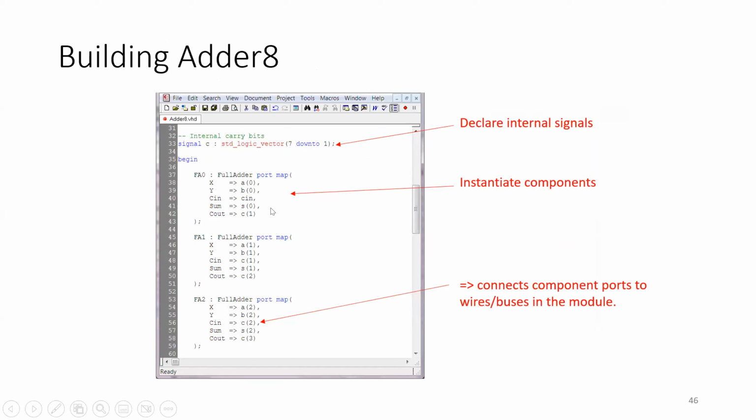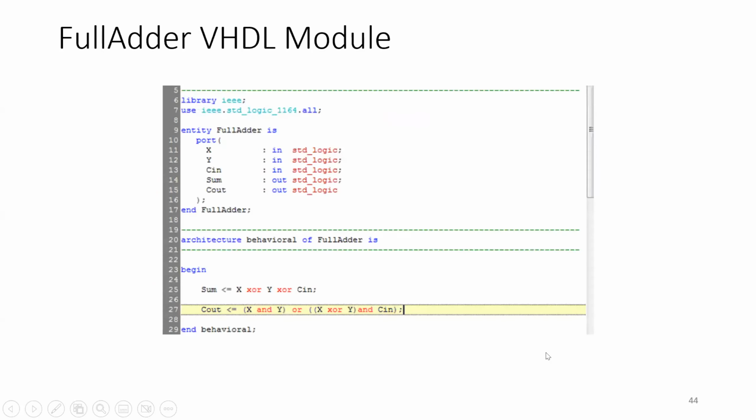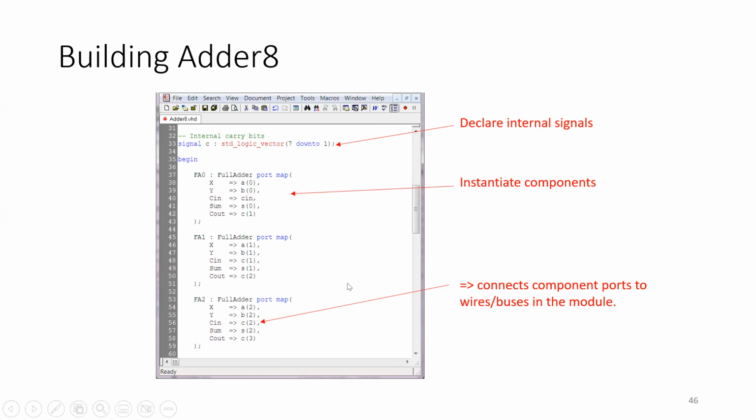Then I go to what is called instantiating, calling the component. I am calling the component for the first time, giving it A0, B0, and Cin. What I will get as an output is S0 and this internal signal. That is what I'm doing.